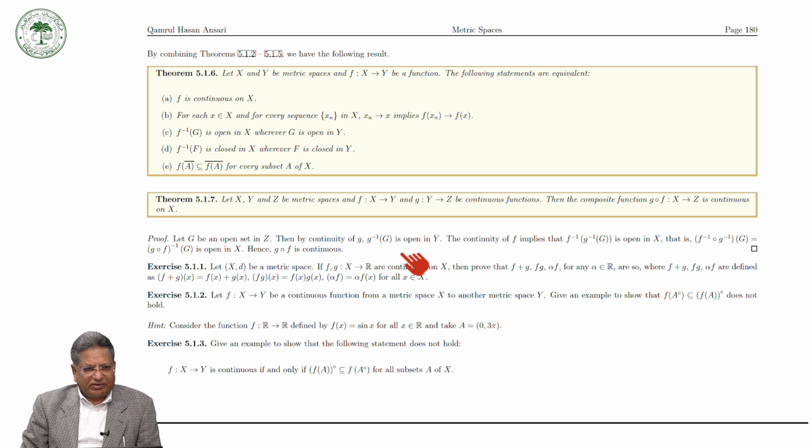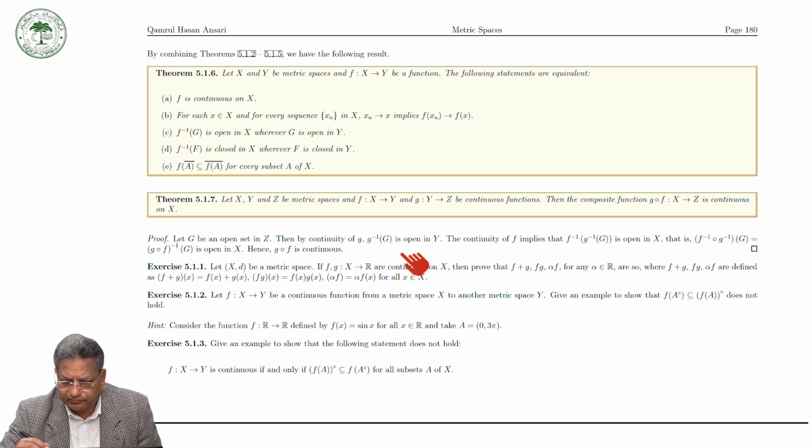Similarly, you can see very easily that the sum of two continuous functions is continuous. If f and g are continuous functions, we can define f plus g at x as f of x plus g of x.